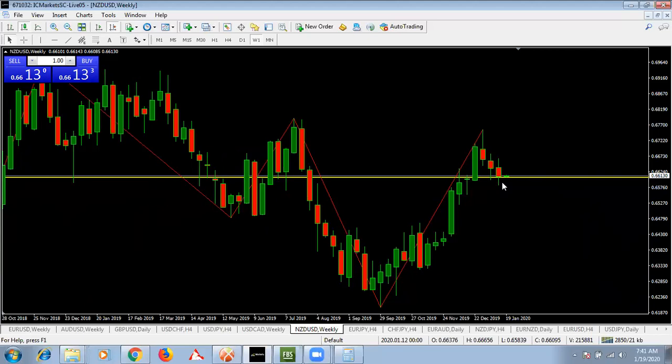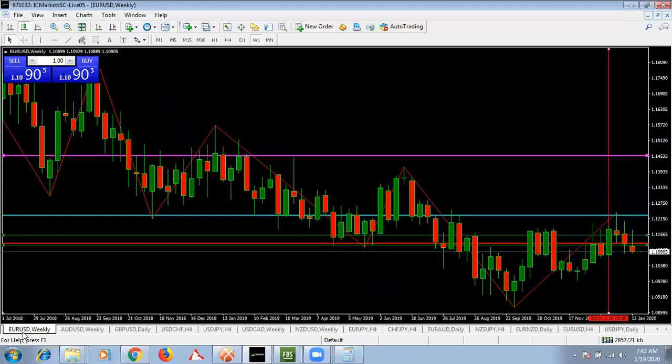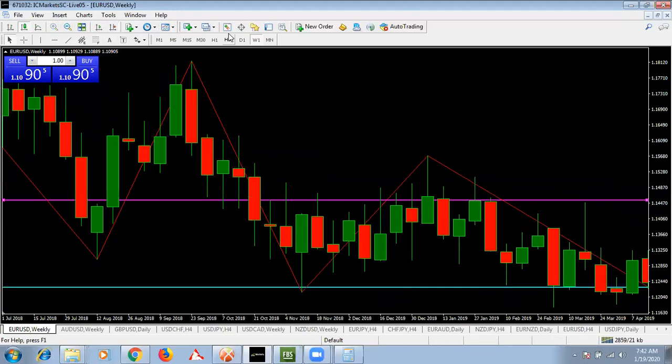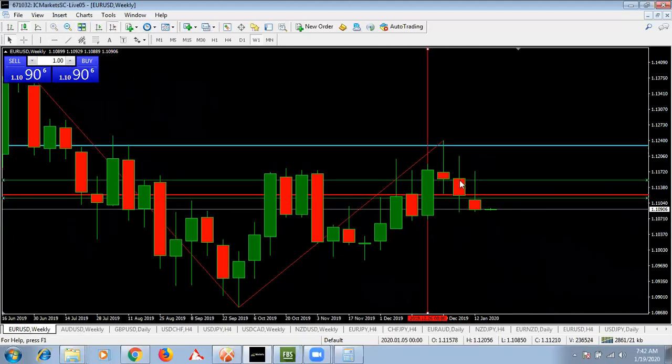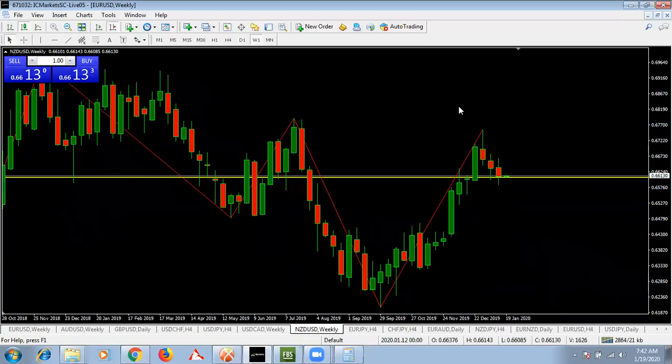If you go down to the weekly on Euro USD, you will see almost the same candlestick formation here. That's to tell you that the market is still bearish, and that they have positive correlation. This formation on Euro USD is the same formation you have on New Zealand USD.